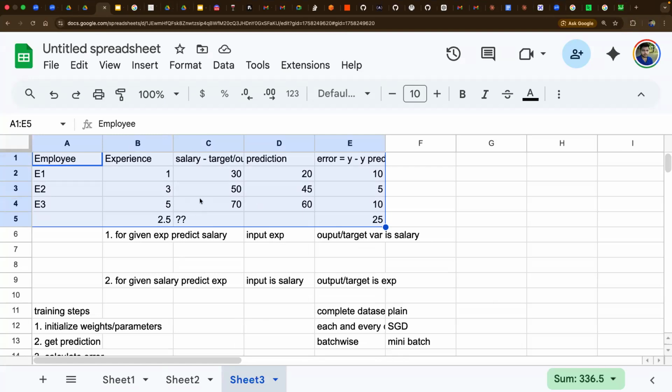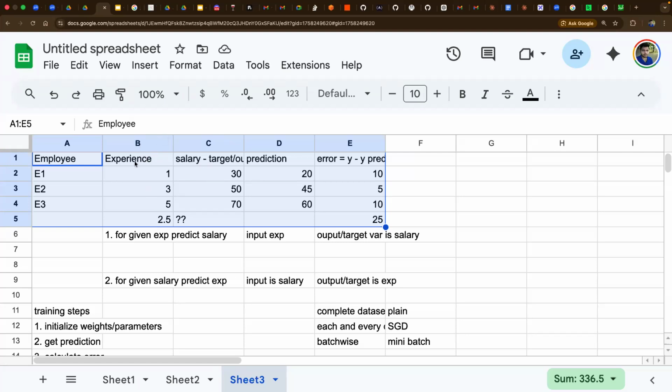For example, in this use case, B is the column that shows the experience and C is the column which has the output variable, salary. Which one is the output variable depends upon the problem statement that we have to decide, right? So here there are two possibilities.